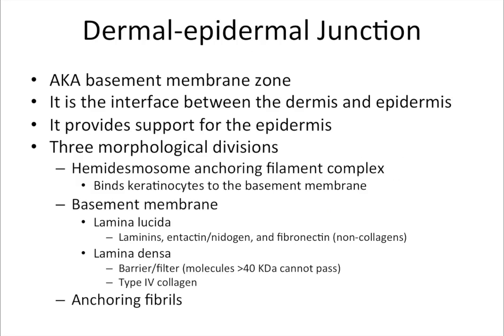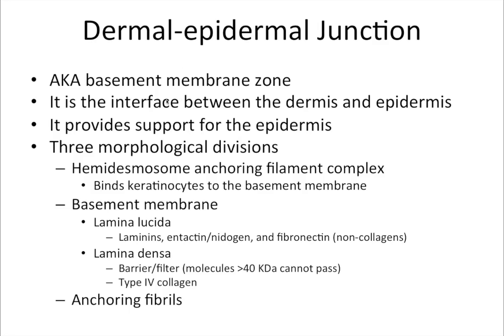I mentioned the four parts of the dermal-epidermal junction, and one of the parts is called the basement membrane zone, or actually it's just called the basement membrane. Not to confuse you here, but sometimes the entire dermal-epidermal junction is referred to as the basement membrane zone.